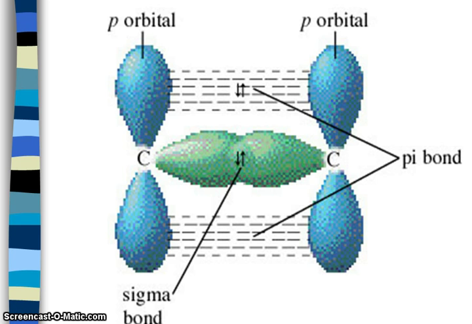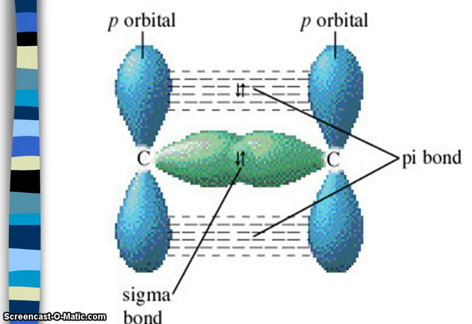If we go back and isolate our two carbons in our ethylene model, we see that we've got the sp2 hybridized orbital from one carbon overlapping with the sp2 hybridized orbital from the other carbon, and they share a pair of electrons in that overlap.